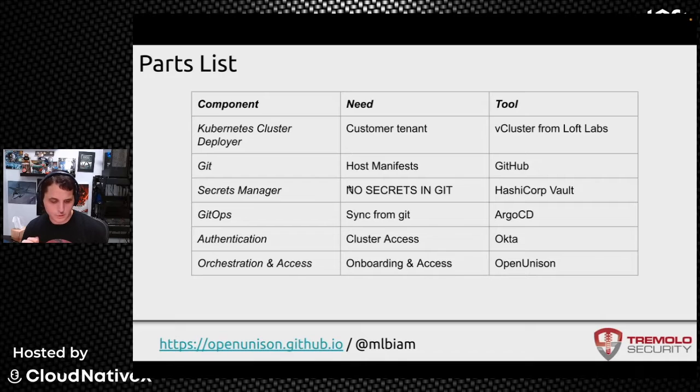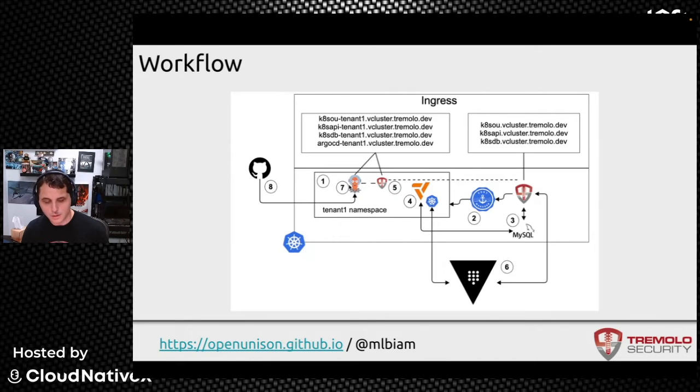For Argo CD, we're going to use Argo CD for GitOps, Okta for authentication, tie everything together with Open Unison. So we've talked about the what, we've talked about the why. Now let's talk about the how.